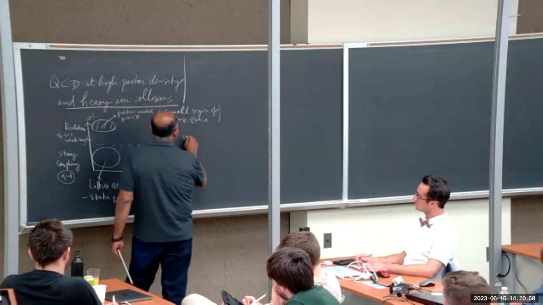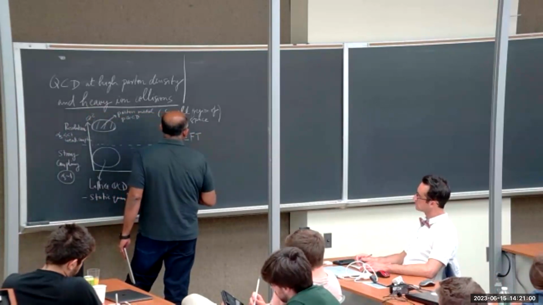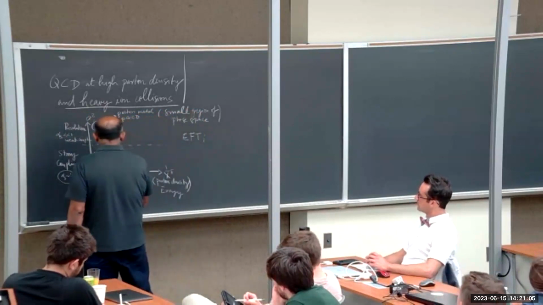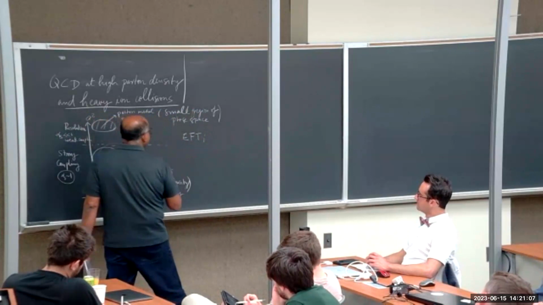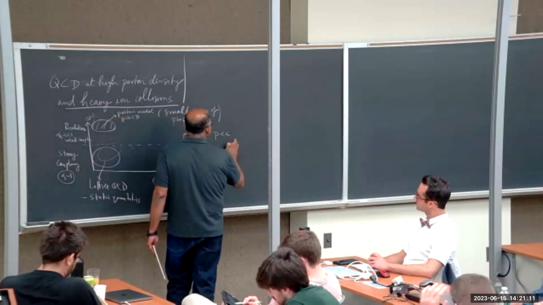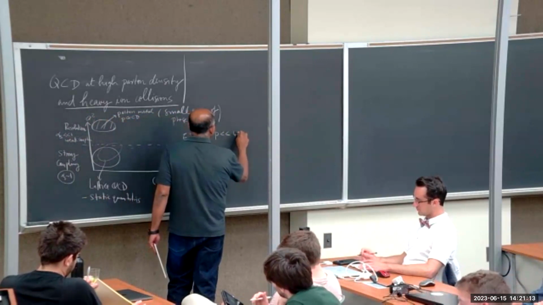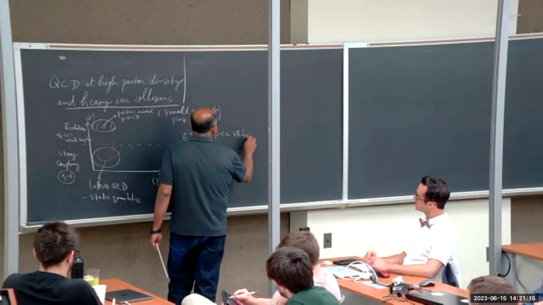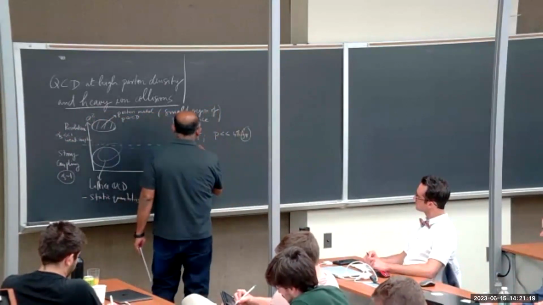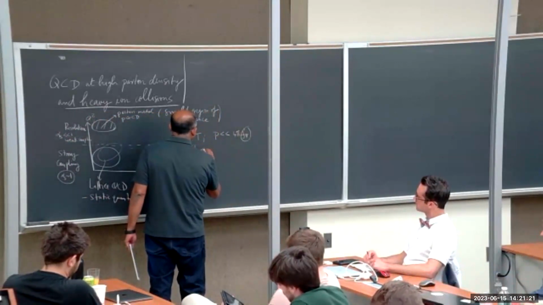So we have effective field theories for specific processes. For example, this region here for very low momentum processes, where this is the pion decay constant. For such regimes, you can use chiral perturbation theory.